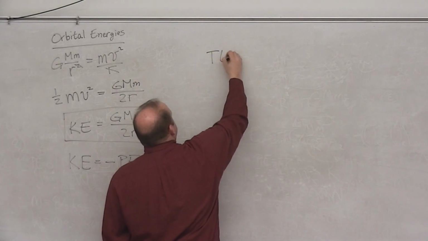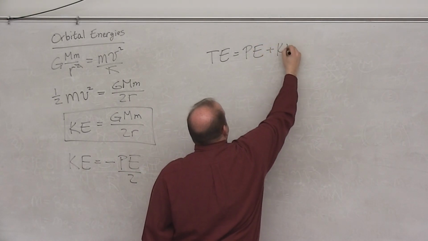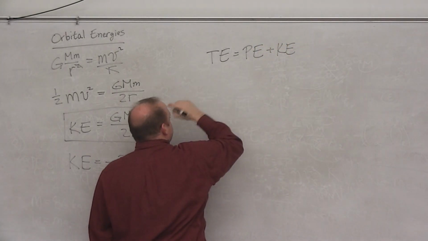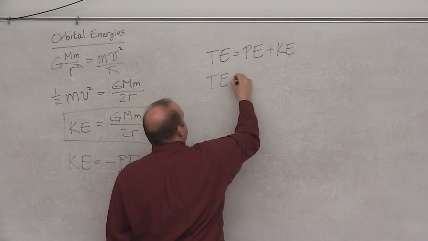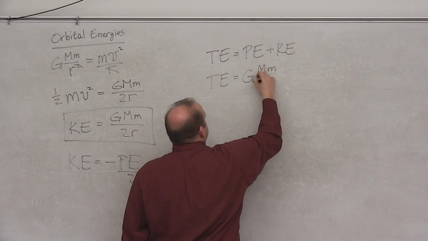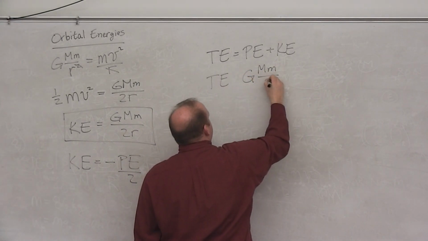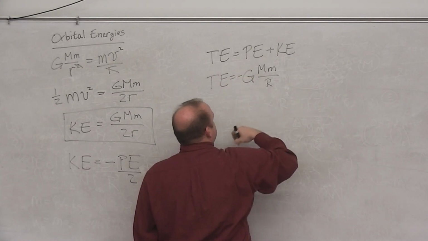Total energy is potential energy plus kinetic energy. So my total energy is equal to potential energy, which is negative G, big M, little m, over r. Can't forget the negative.